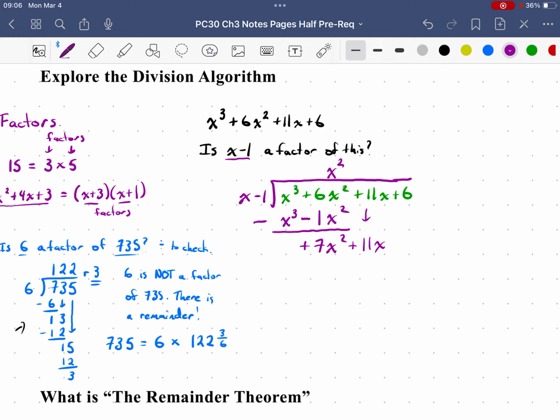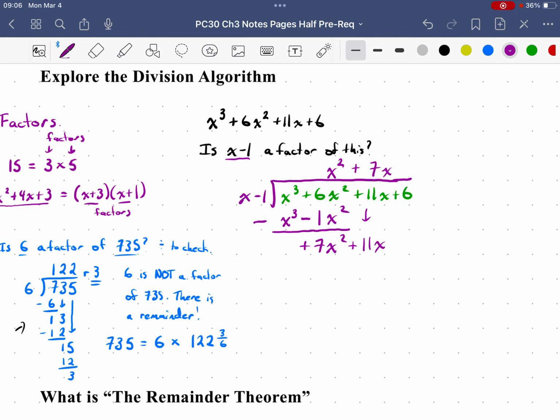All right, now we look at this guy, 7x squared and x. We think x times what gets me 7x squared? x times 7x is equal to 7x squared. So we write down plus 7x.